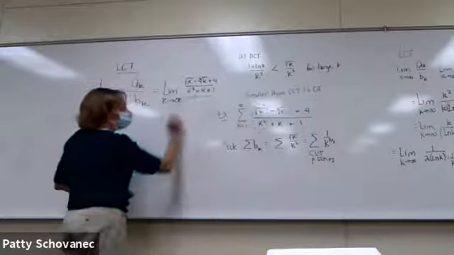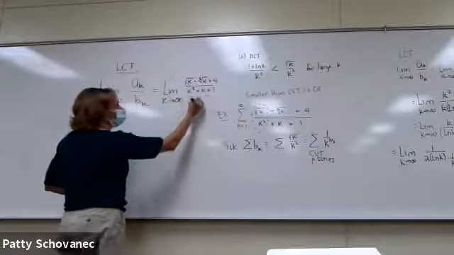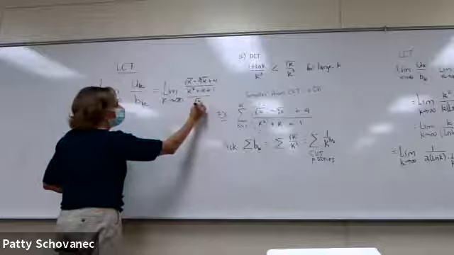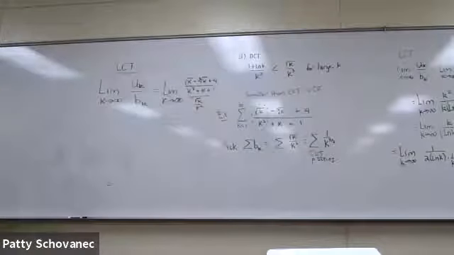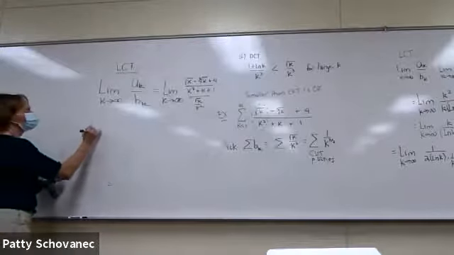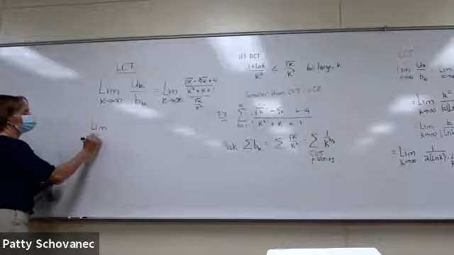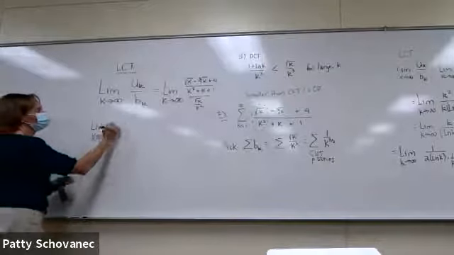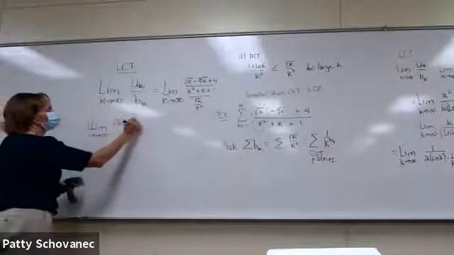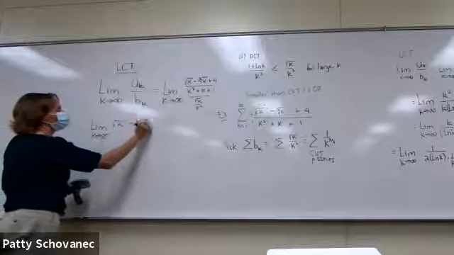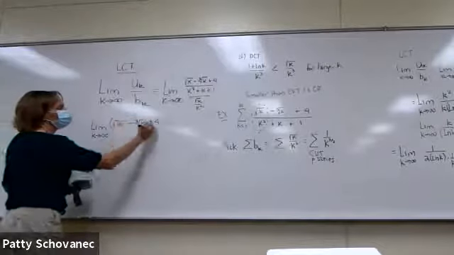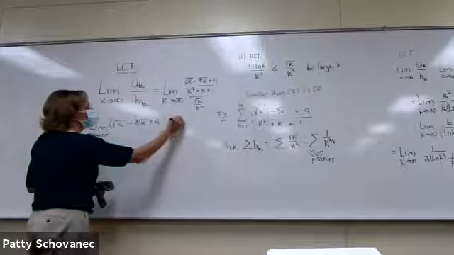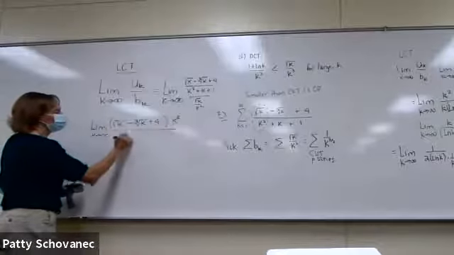I'm dividing that by bk. So I'll flip it over and multiply, or at least I'll pretend I'm going to multiply.